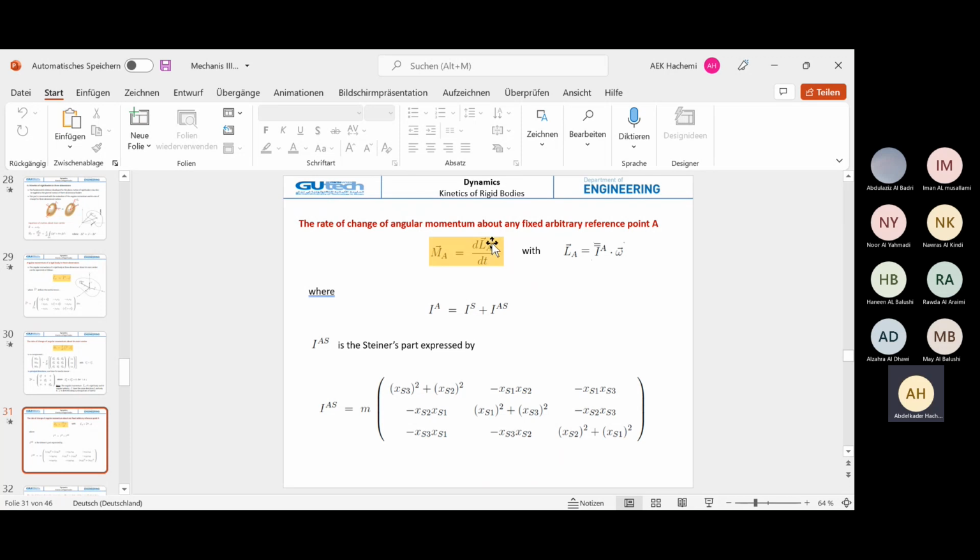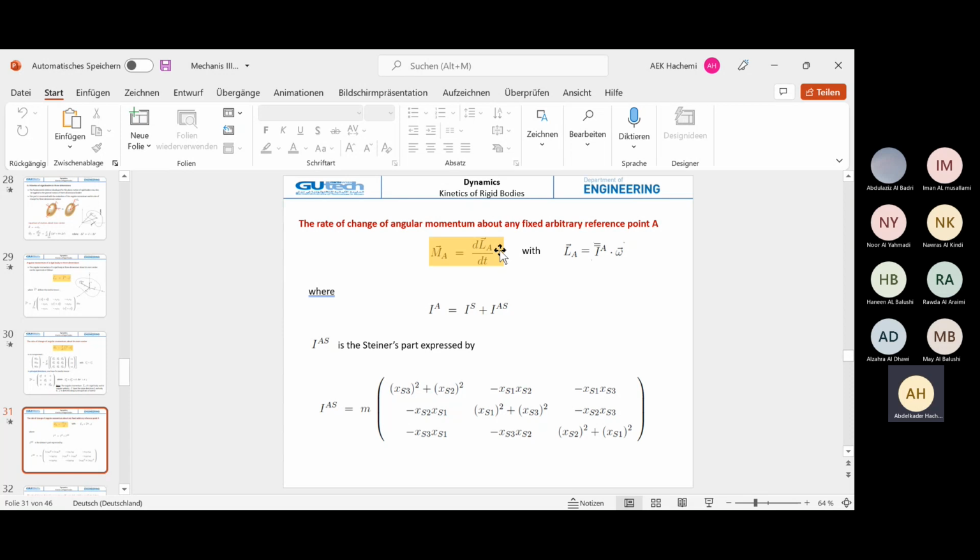It's only the definition of D, at about the same point, MA, in our case, it's only MO. In our case, it's the point O, okay?